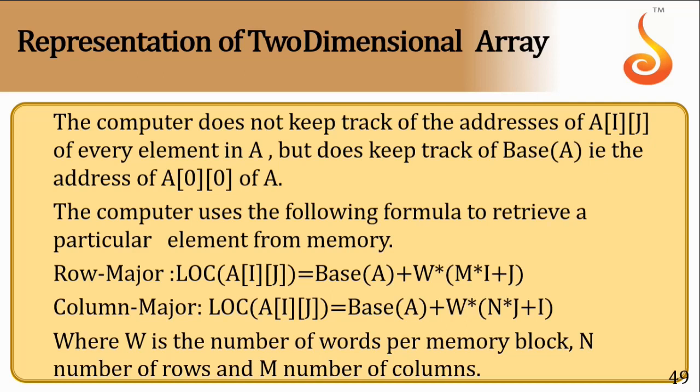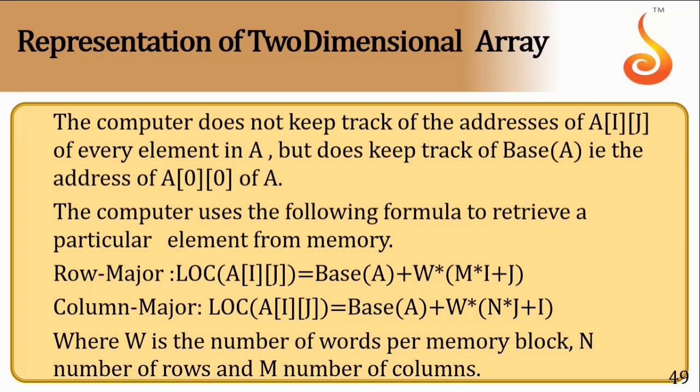That is the address of the first element of the array, and then since they are continuous memory locations, that is they are physically stored one next to another, you can easily retrieve the addresses of the remaining. So it does not keep track of the addresses of all the elements.